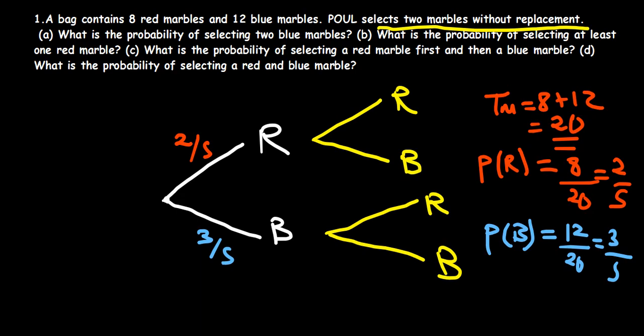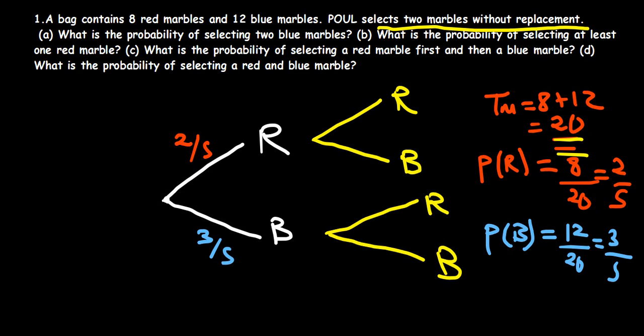So when we are making this second selection, it means the total marbles in that bag have reduced. The total marbles here were 20. After your first selection, the marbles have reduced, right?